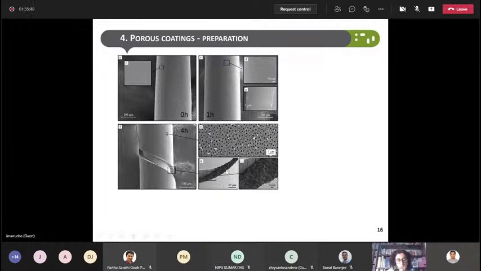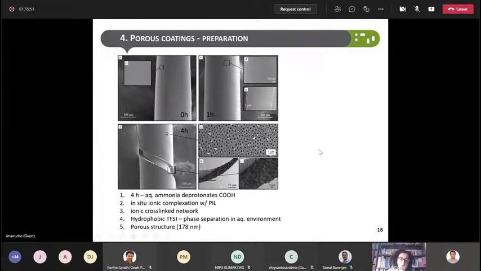Here you can see very well the thickness of the coating. Here, this is the fiber, the plunger, and this is how our coating looks like. So this is what happens. We have a porous structure, which we created with 178 nanometers of thickness, so it is really, really thin.